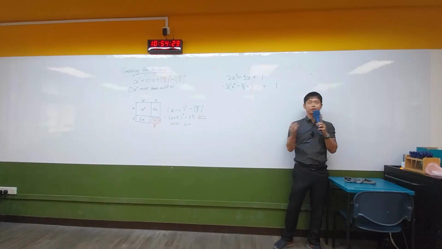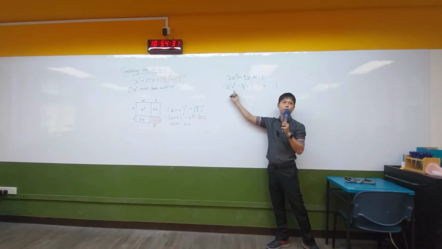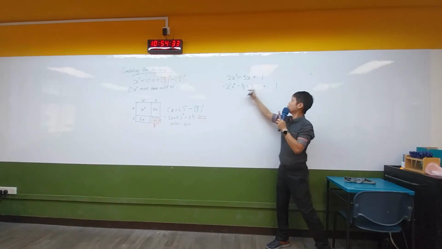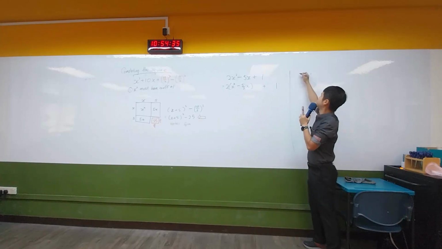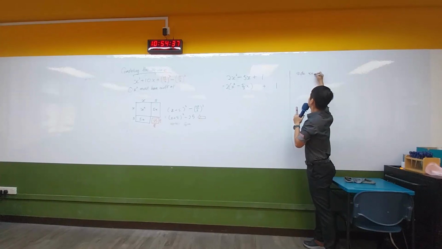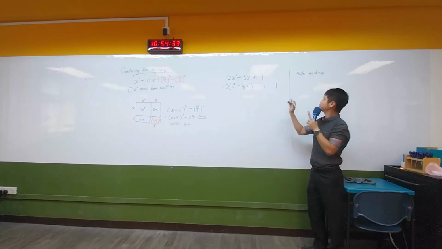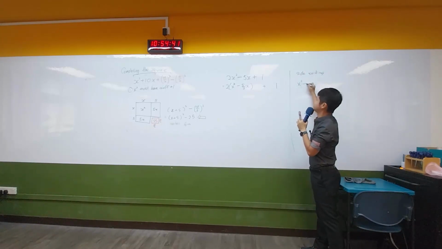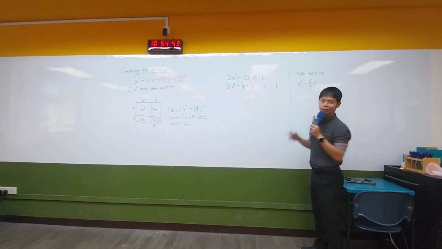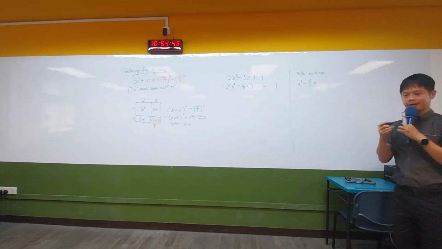The plus 1 don't need to touch because I only need to complete the square here only. So what you can do is something called a side working. For those who are very easily confused, let's do a side working for this.